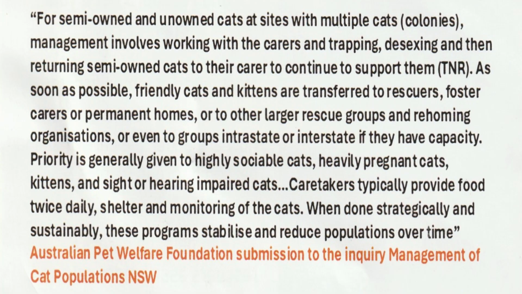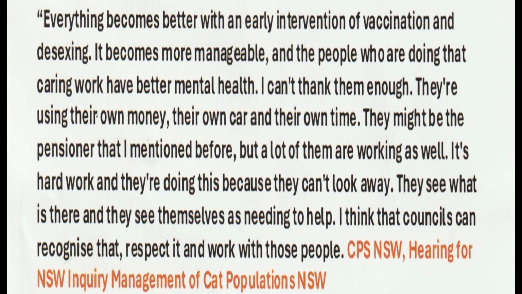The CPS NSW, at the hearing for the NSW Inquiry Management of Cat Populations in NSW, stated, "Everything becomes better with an early intervention of vaccination and desexing. It becomes more manageable, and the people who are doing that caring work have better mental health.